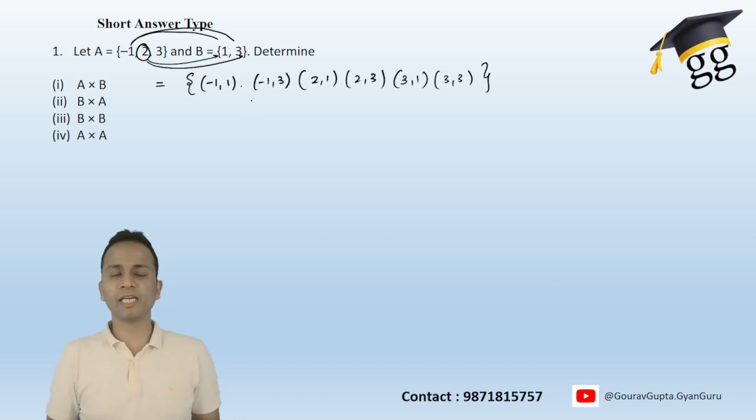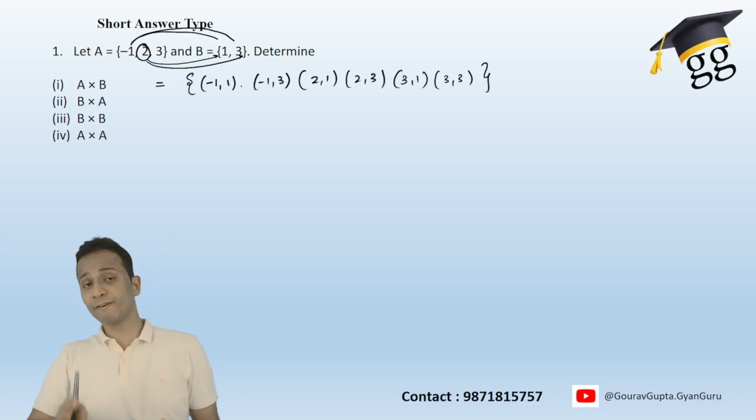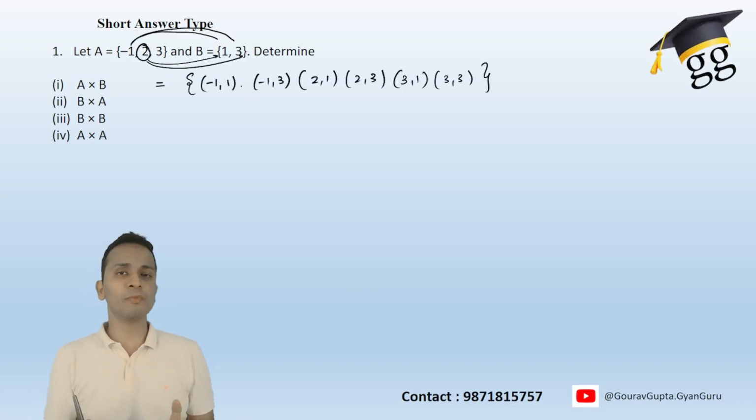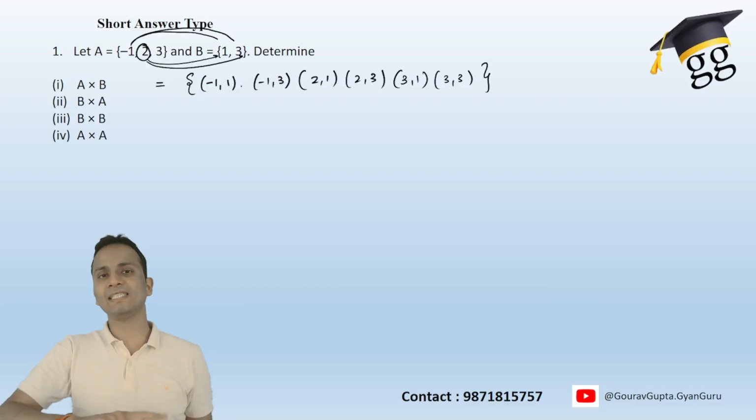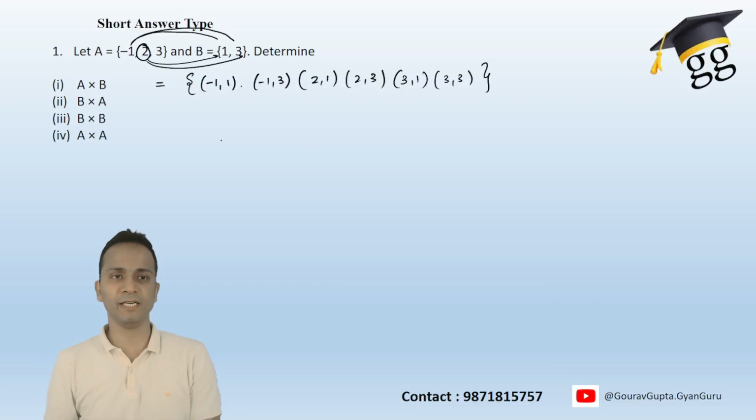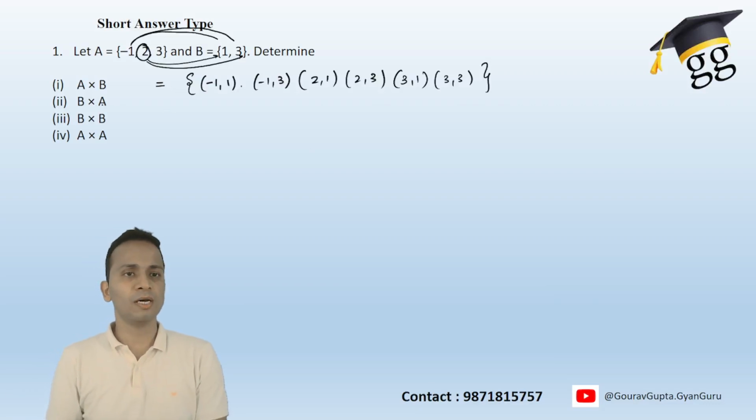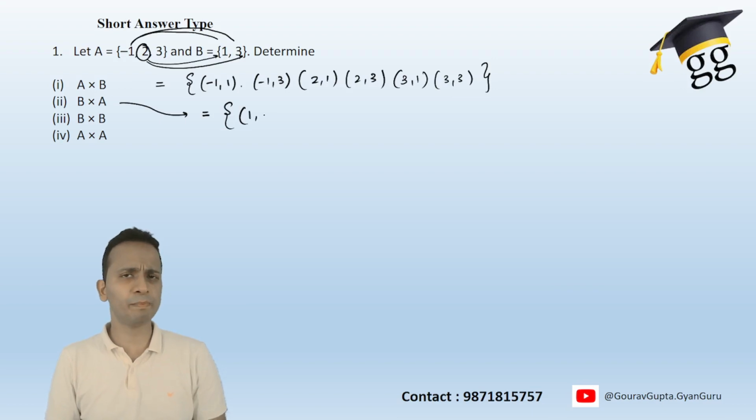Now for B cross A, the first element of every ordered pair will be from set B and the second element will be from set A. All right. So B cross A will be equal to, the first element of set B is 1, and then I'll pair it with each and every element of set A. So (1, -1), then (1, 2), and (1, 3), right?